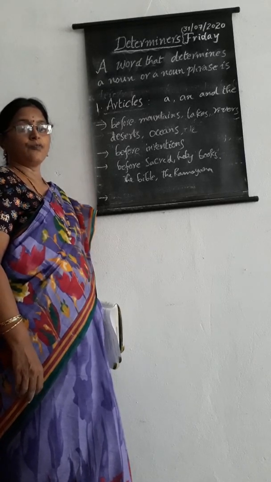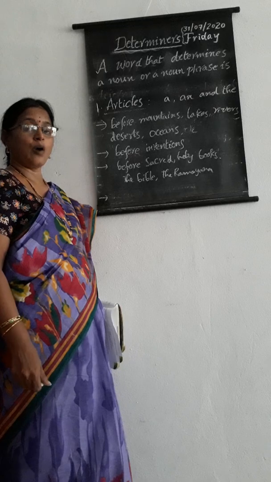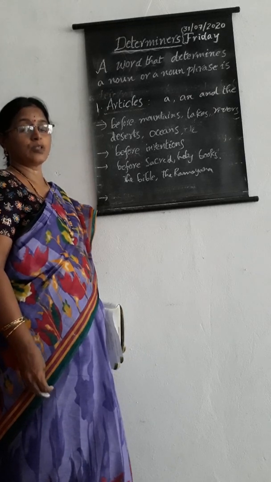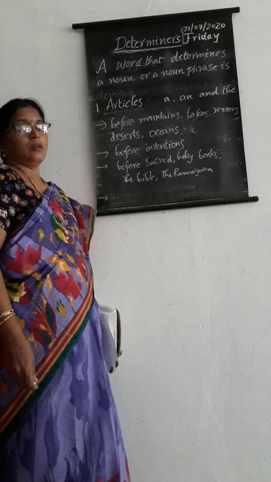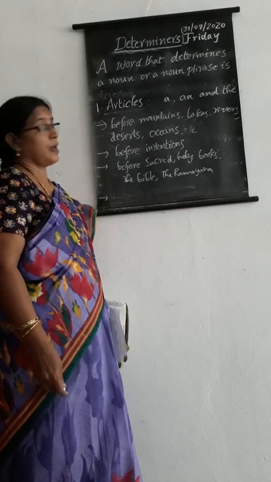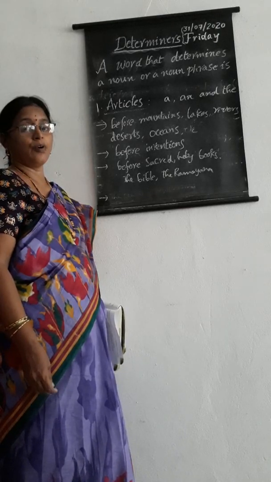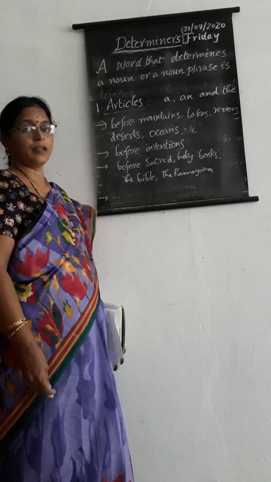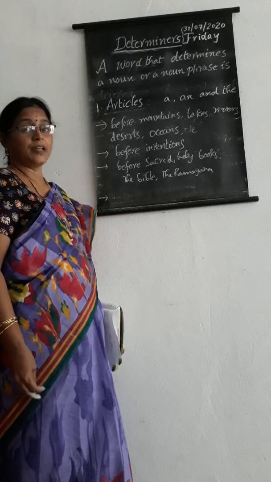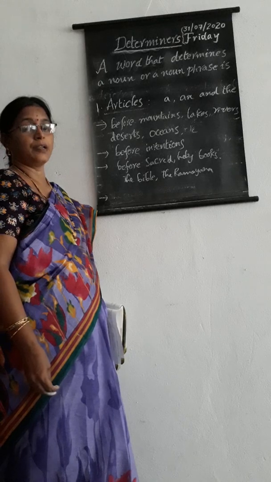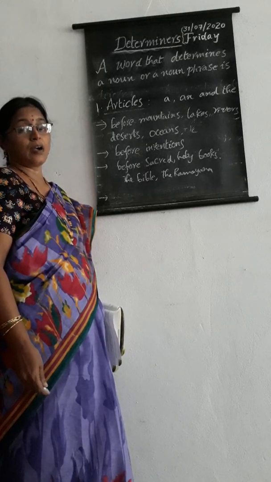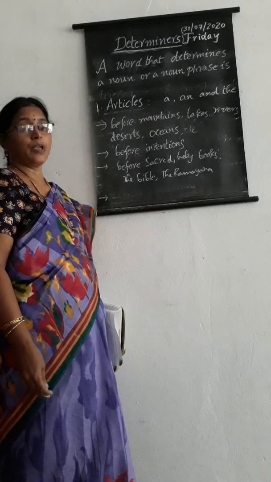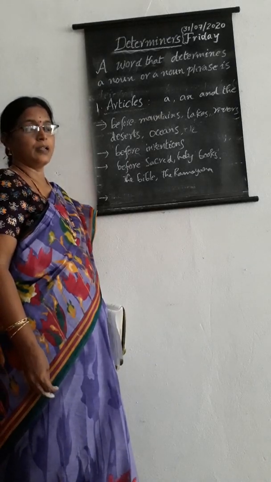A word beginning with a vowel that gives a w sound, we have to use a. And use of an: a word beginning with a vowel, we have to use the indefinite article an. Before silent h we have to use an. And before a word beginning with a consonant but giving a vowel sound, we have to use an.